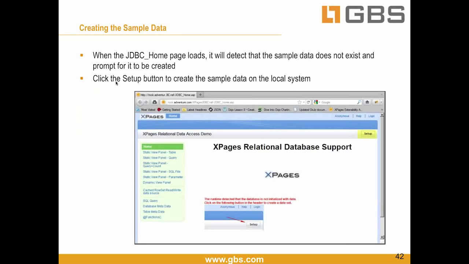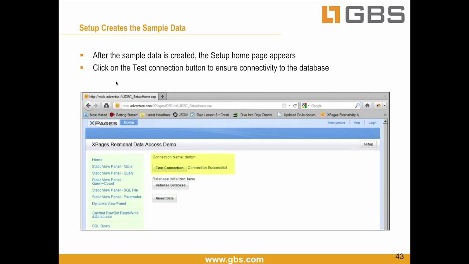Now, in order to make this a complete turnkey sample, what IBM has done is actually included the functionality that's going to create a Derby-based database. And a Derby database is a file-based database, and that's what the XPages relational sample does. So it creates a local file-based database, and then that's what you use to interact with the existing sample code.